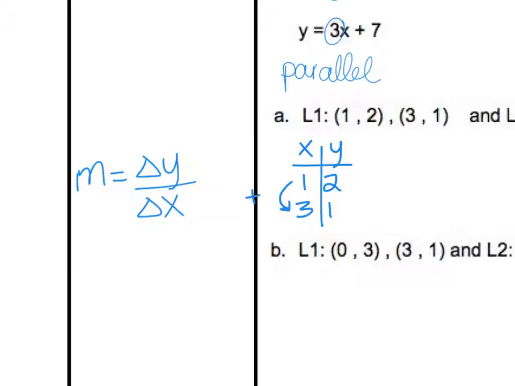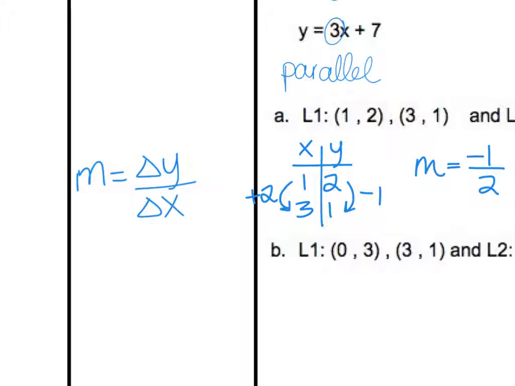We're adding 2. Dylan, what's my change in y? Subtracting 1. Yep. So we put that in a fraction. Change in y goes on the top, negative 1. Change in x goes on the bottom, 2. So the slope between 1, 2 and 3, 1 is negative 1/2. So the slope of the line L1 is negative 1/2.